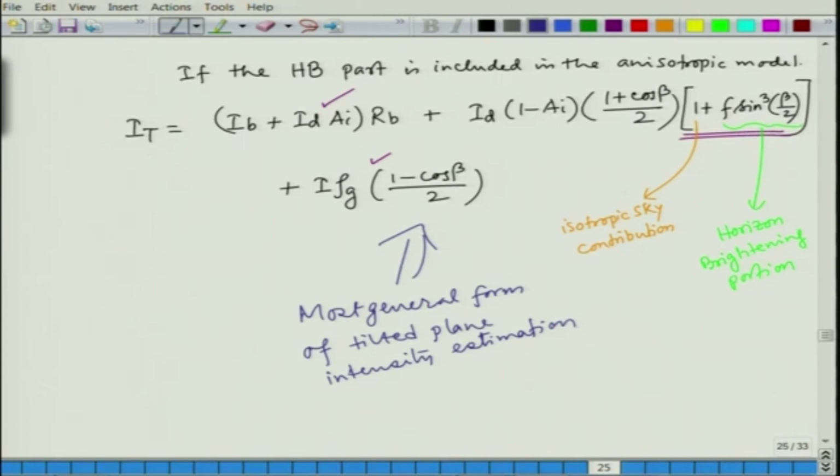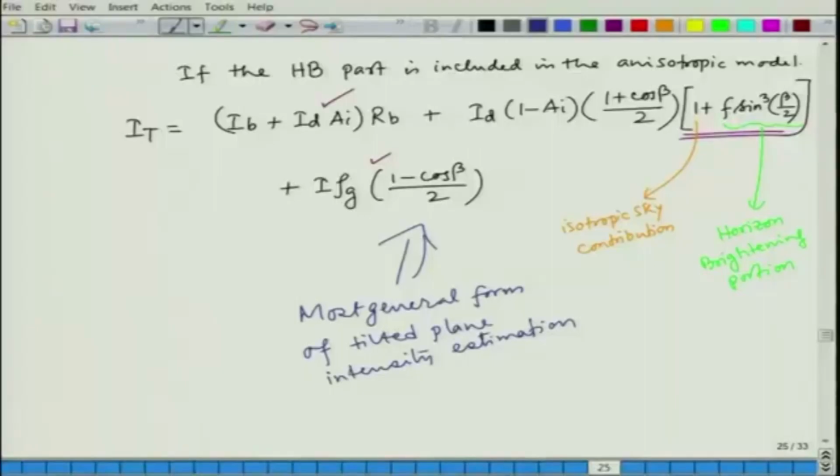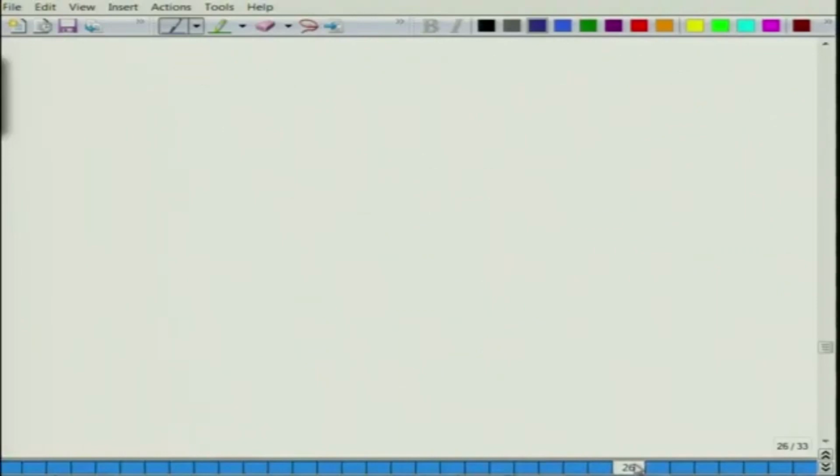But again I should stress here that such a complicated model is not often used, rather we use the simple isotropic sky model, which does not include the circumsolar or horizon brightening portions, and even then we are very close to the actual estimation.